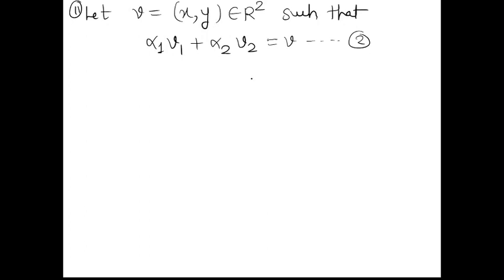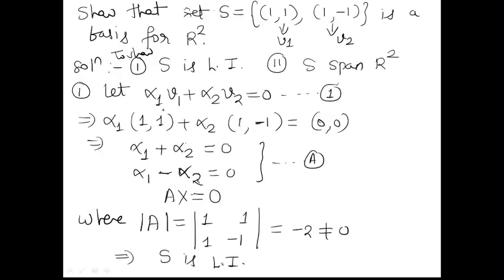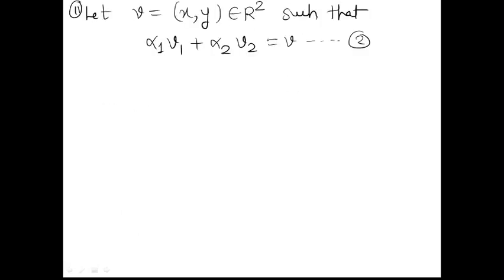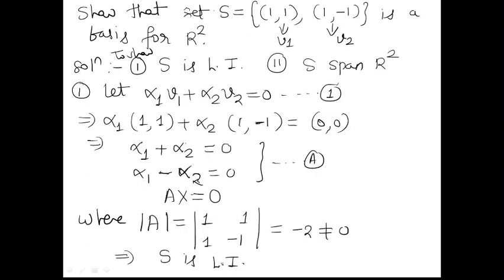If we simplify the way we have solved here, the right hand side elements were 0, 0. So in place of this 0, 0, we have the elements of V. We can write it directly. The first equation is alpha 1 plus alpha 2 equal to, in place of 0, the first element of V, that is x.